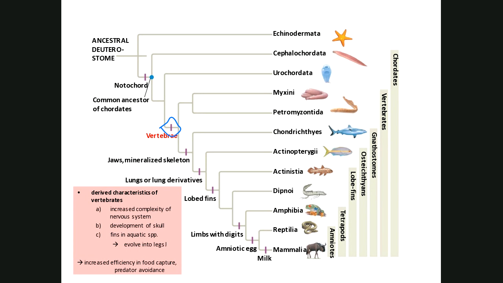In aquatic organisms, we get fins, which makes sense because they're going to live in the water. But evolutionarily speaking, the significance of the fins was where the legs came from, so that organisms that crawl down the land, obviously it's real hard to walk on land with fins. Legs are much better. Overall, what we see among the vertebrates is much more increased efficiency in things like food capture, if you're a predator, as well as predator avoidance.